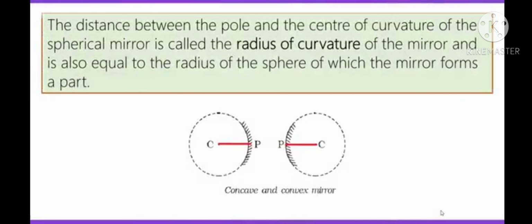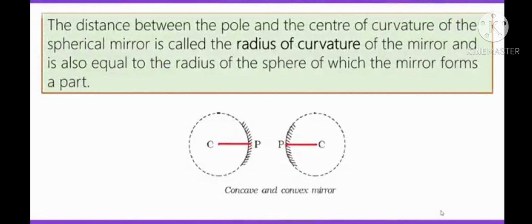For this curved surface, one side will be silvered. The curved surface has two sides, inner side and outer side. One side of the curved surface will be silvered, and the other surface will work as the reflecting surface. See this picture, we can see two curved mirrors. One is concave and another one is convex.